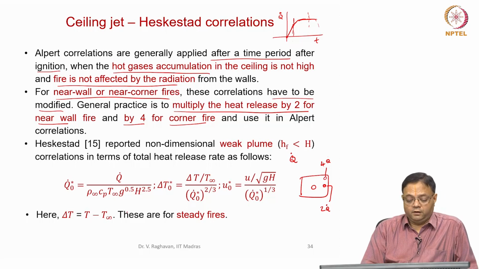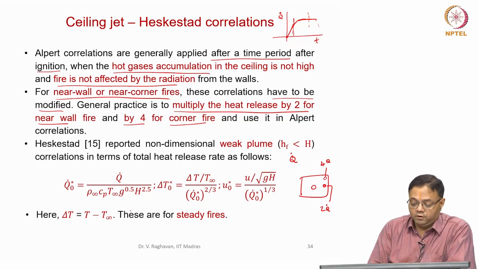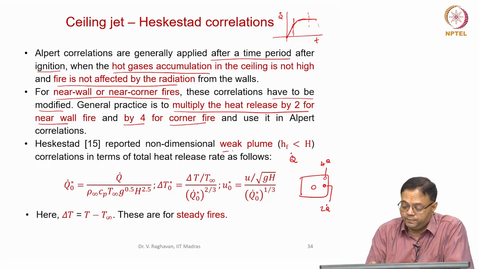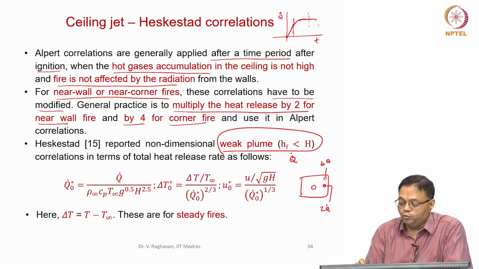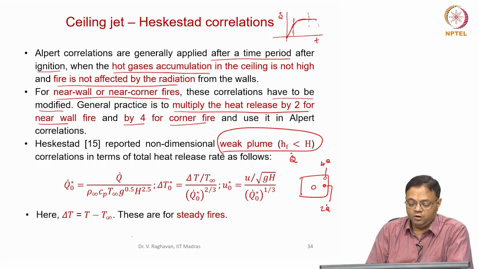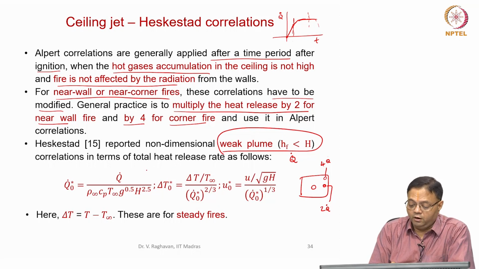Okay. Now the weak plume, that is, HF is less than H. Heskestad has given the correlations basically in terms of total heat release rate.